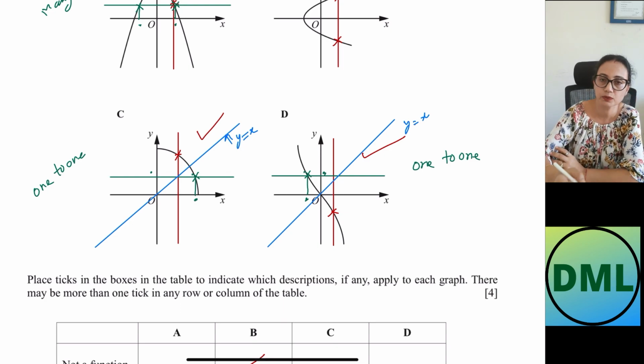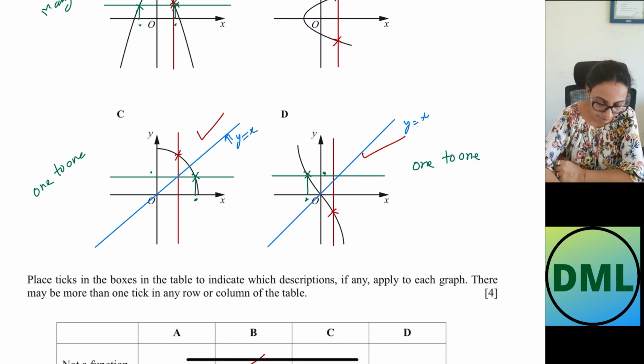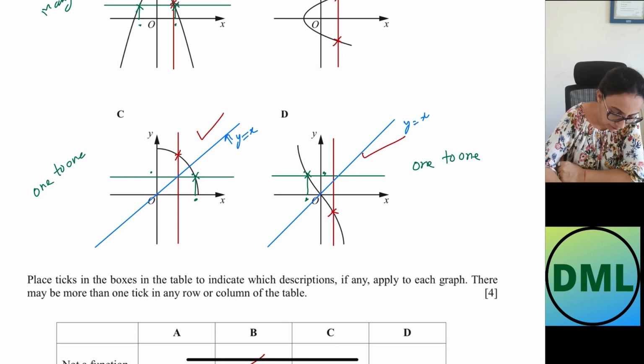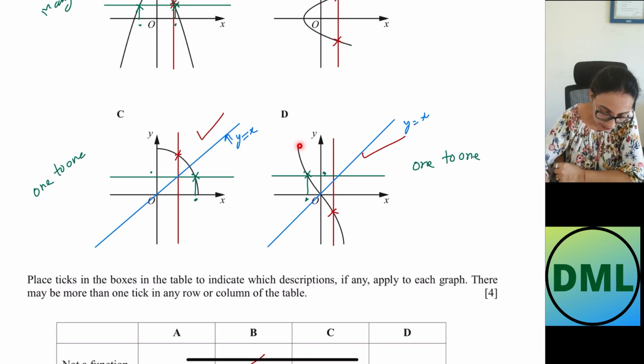Now which has its own inverse? If you can see from here, how we plot the inverse? We have to draw exactly perpendicular point. If I pick this point, the perpendicular point will go here. If I pick this point, the perpendicular point will go here. This graph has its own inverse. But if I see here and draw a point, this point will go here. That means the point will come here at this point.